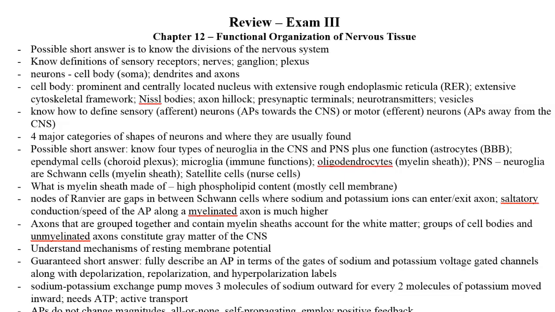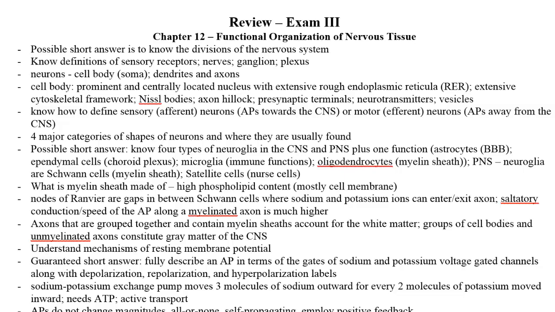And Schwann cells can only wrap around one axon at a time. It can organize many axons, but they are not myelinated, they're just merely organized. Whereas an oligodendrocyte, remember, can wrap around many axons at the same time. Regardless, either one of these cells produces an insulating material made up mostly of phospholipid membrane, and that is called myelin. So that's the myelin sheath that is very high in phospholipids.